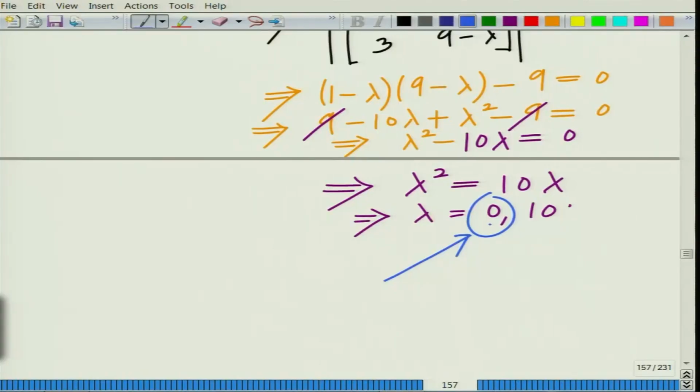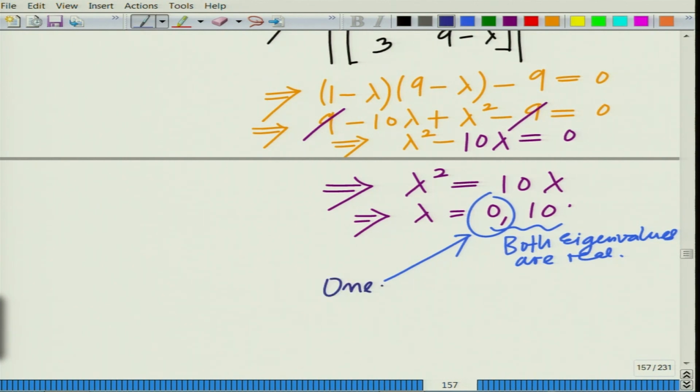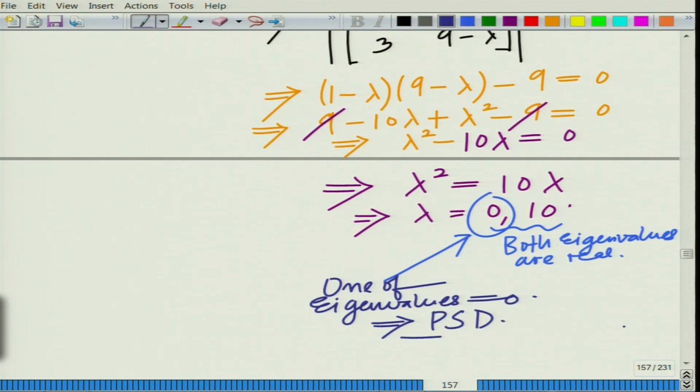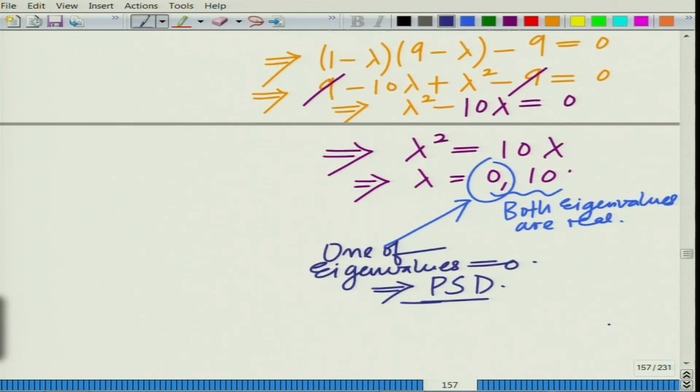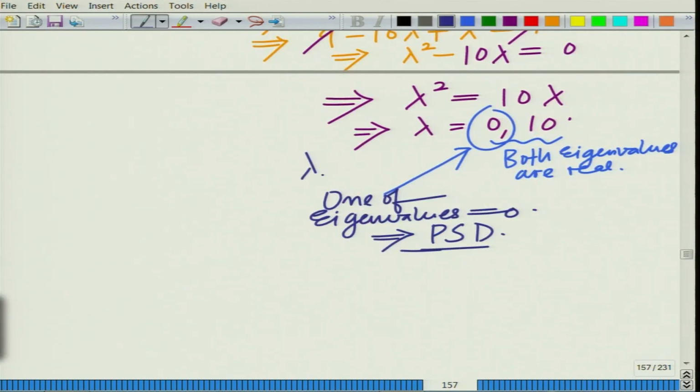First interesting thing, both eigenvalues are real. One of the eigenvalues equal to 0 implies once again that this can only be a positive semi-definite matrix.